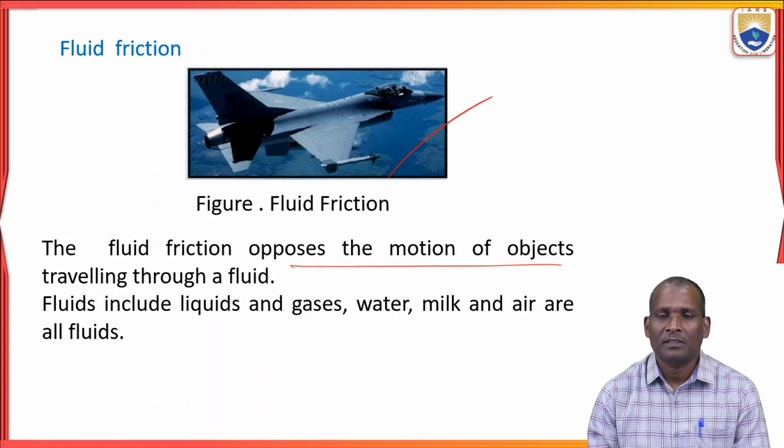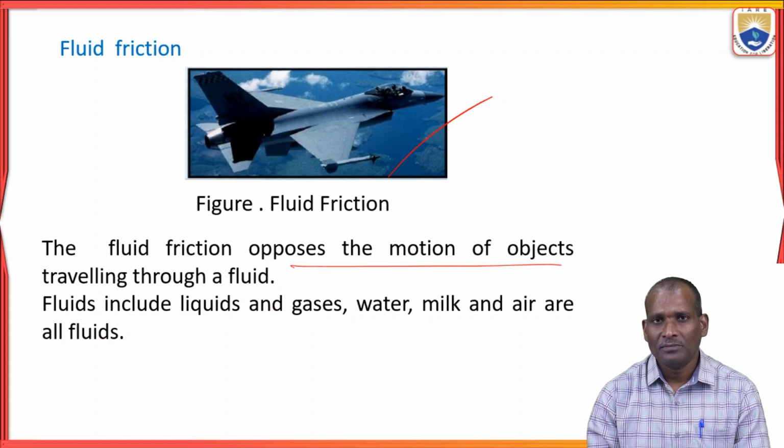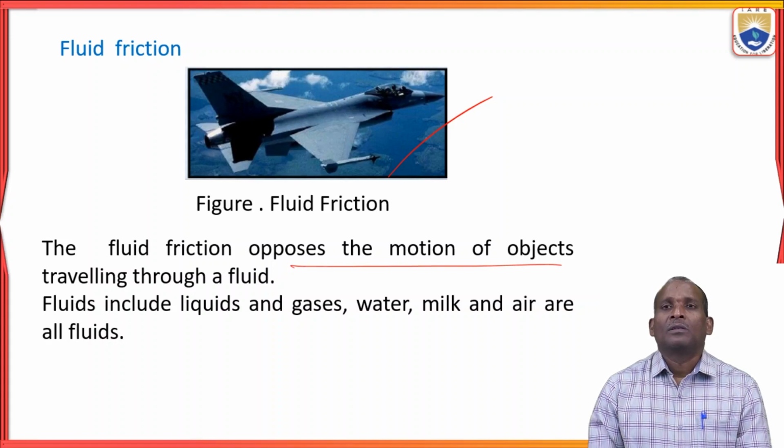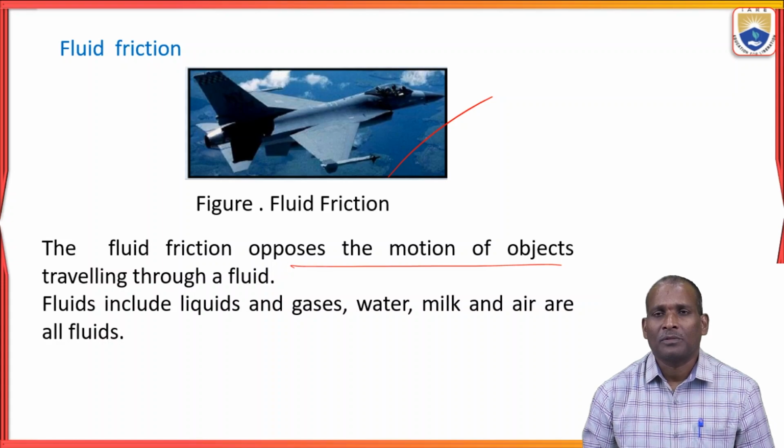Which type of fluid here? The fluid is air. So the friction opposes the motion of the object through the fluid. That is said to be fluid friction. Similarly, a ship traveling through water. Okay, so these are the types of friction I have discussed.